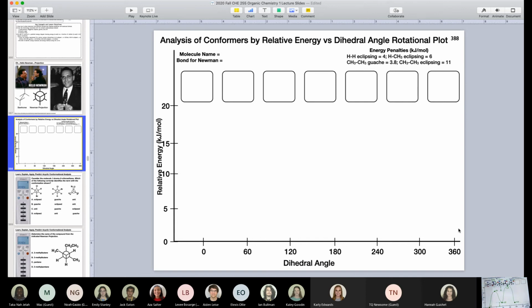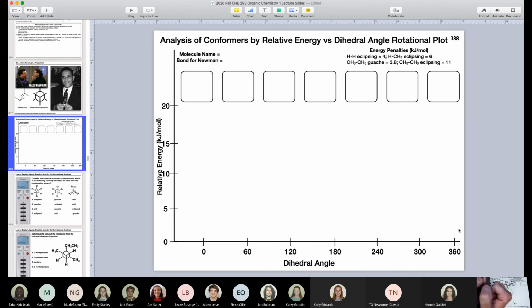Aiden asks, what is the significance of conformers in terms of interactions with other molecules? The reason this is important is because we build upon it when we learn reactions.